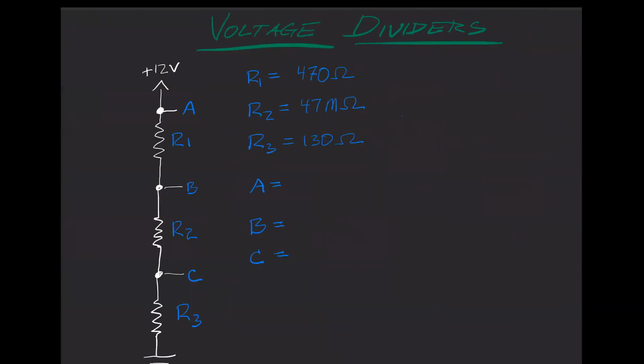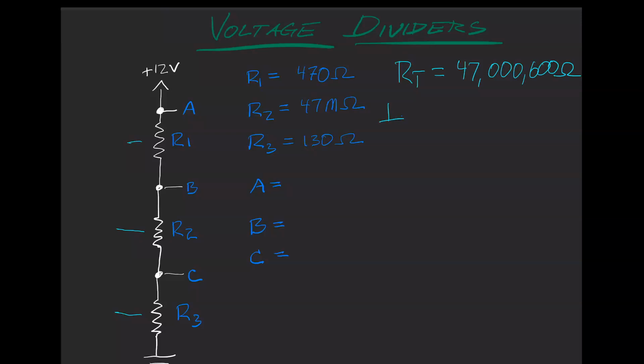Suppose it was a little more complex. Suppose R1 is 470 ohms, R2 is 47 megaohms, and R3 is 130 ohms. In that case, our total resistance will equal 47,600,000 ohms.